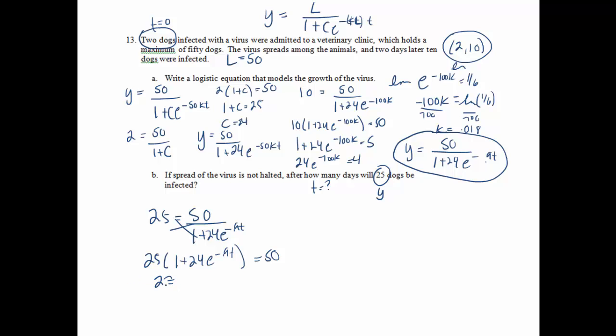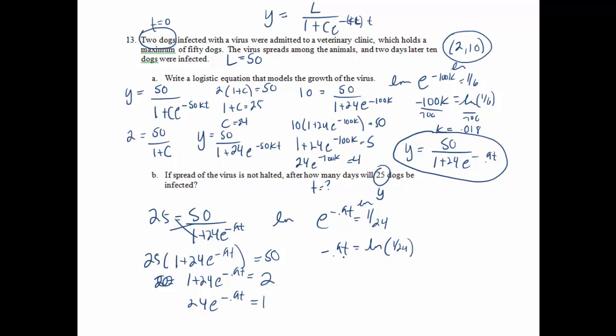So 1 plus 24e to the negative 0.9t equals 2. Subtract 1, and I get 24e to the negative 0.9t equals 1. I'll divide by 24, so e to the negative 0.9t equals 1/24. I'm going to take the natural log of both sides, and so negative 0.9t equals the natural log of 1/24. I'll then divide both sides by negative 0.9, and when I do that, I get time equals 3.531 days.